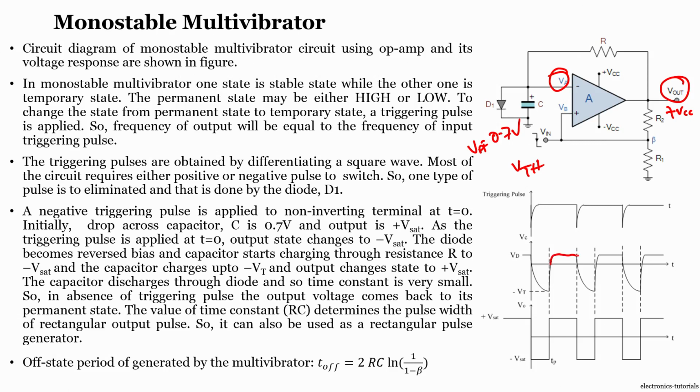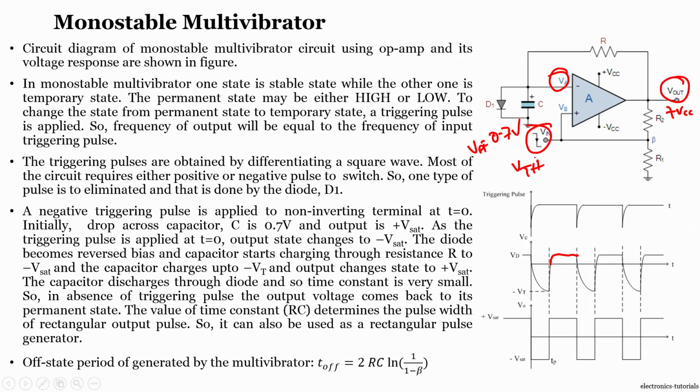Now, if the output has to go to minus VCC, the only condition is that the input voltage should be greater than our VTH. That condition will not happen unless we give some external triggering pulse. What if I give a negative pulse at the positive input?